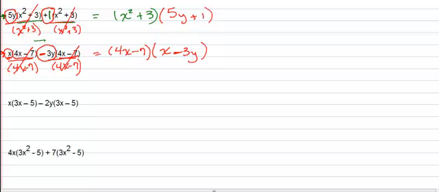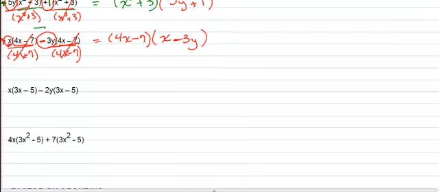Again, you may want to pause to do these last two because I'm going to go through them pretty quickly just because they're repeats, but I just want you to have a little bit more practice. Okay, so let's go ahead and look at this one, and we see that our GCF is what's in the parentheses, the 3x minus 5, and it's in both. So we pull the GCF out.